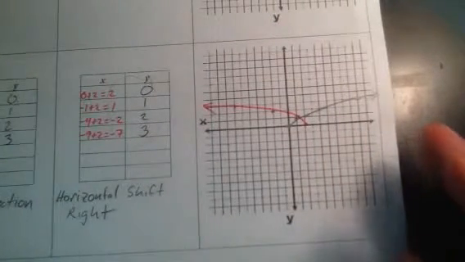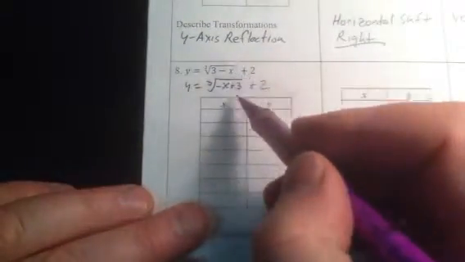Now, I'm not going to do this one all the way, but I am going to at least set it up for you. Let's look at number 8. Okay, it's the dirty trick again.